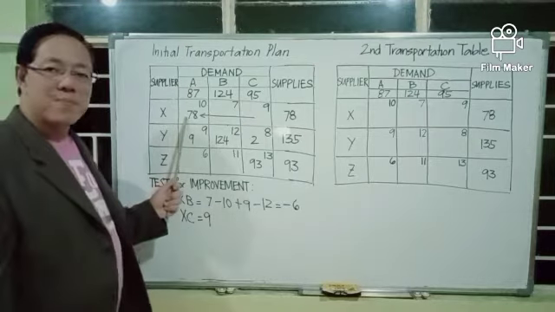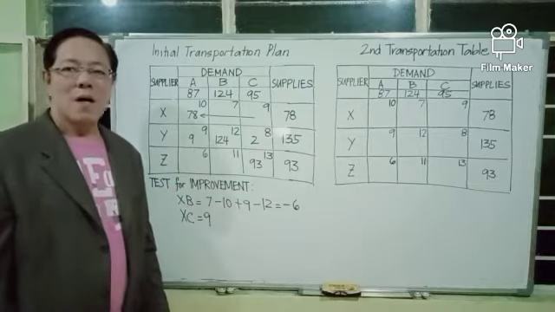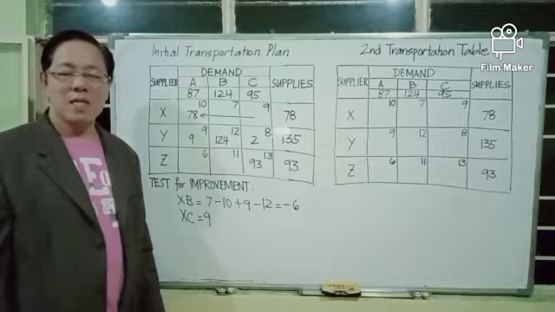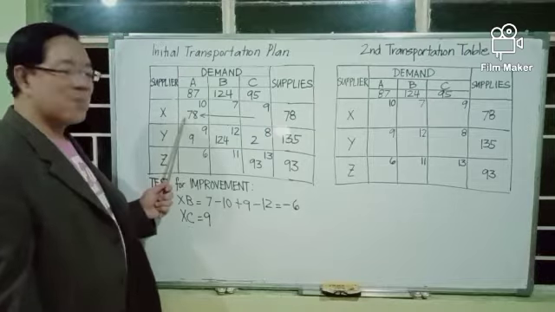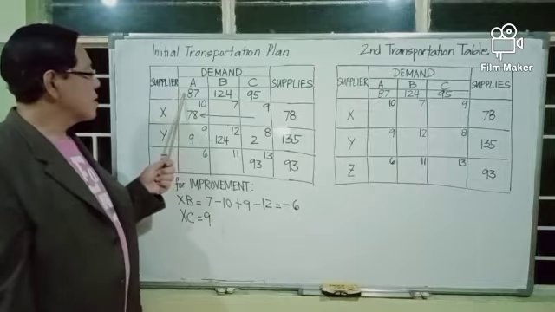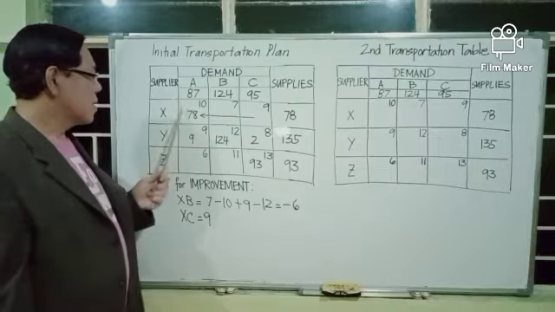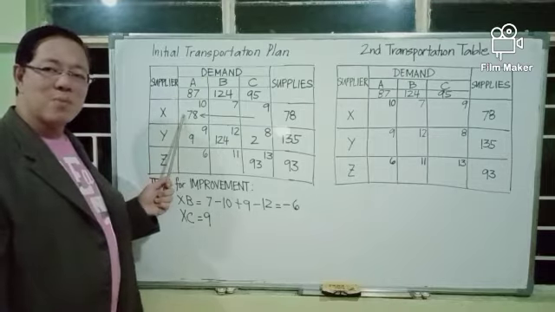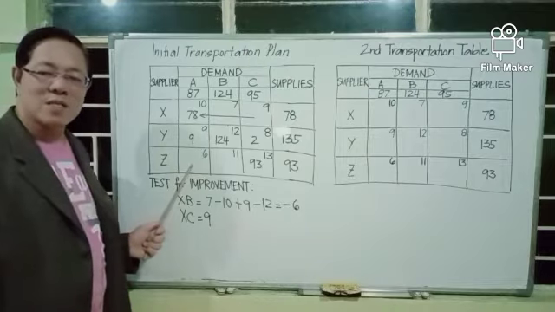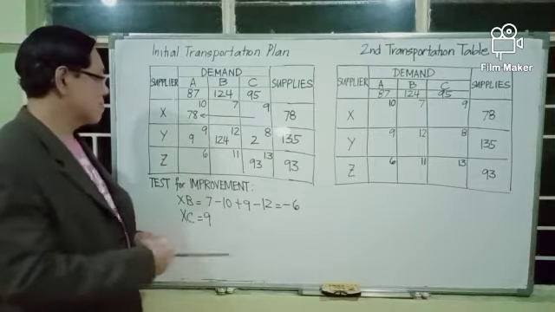After the horizontal movement to the left, the next step is a vertical movement, either vertically upward or vertically downward. We cannot move vertically upward from 7 to 8 because this is the demand of customer A. Hence, from 7 to 8, we move vertically downward, and we cannot move up to this cell because it is vacant. From 7 to 8, we move up to 9.